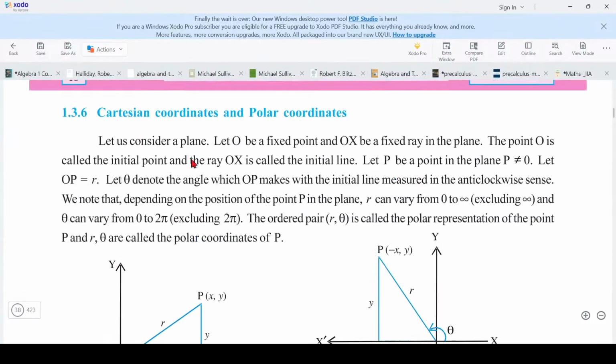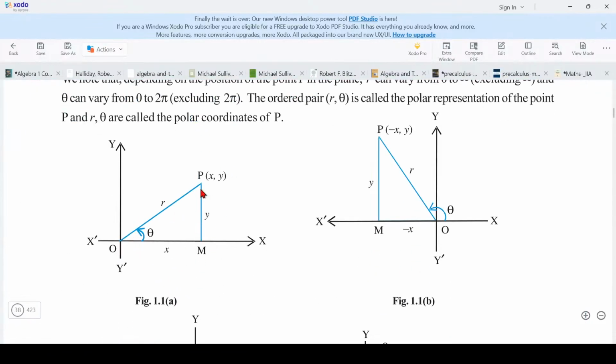Now, obviously, the relation between x and y and r is x equals r cos theta, y equals r sin theta, right? So that means we know how to convert from polar system to rectangular system. If you are given r and theta, the rectangular form is r cos theta plus i into r sin theta.